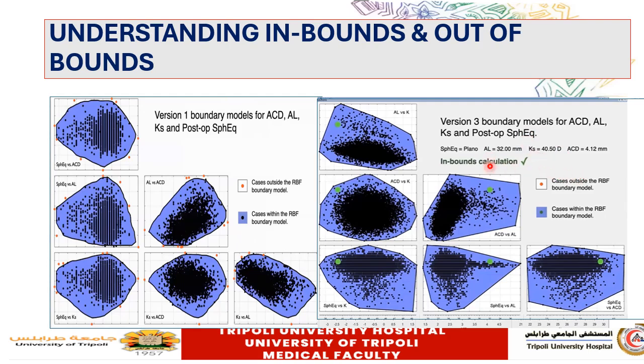Even with this odd presentation, the system gives an in-bound calculation because of the increase in the width of the data. So the system can predict what the IOL power would be if it is subjected to this data of patients. So this is, in brief, the meaning of the in-bound and out-of-bound calculation used in this formula.